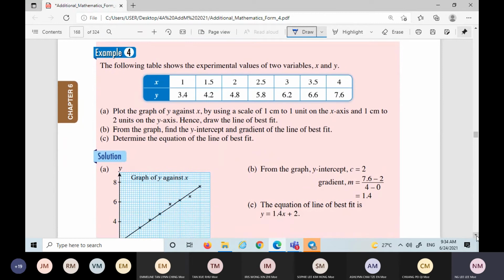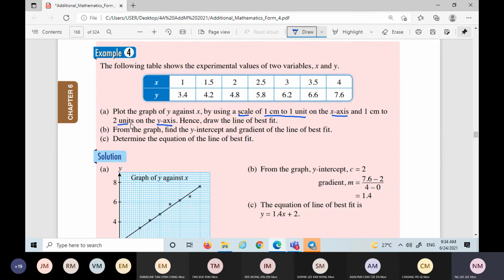Okay, again, draw a graph. This table shows the values of x and y. Plot. This one, the scale is given, you see. If the scale is given, you have to follow the scale exactly. So for the x-axis, you follow the scale, 1 centimeter to 1 unit.